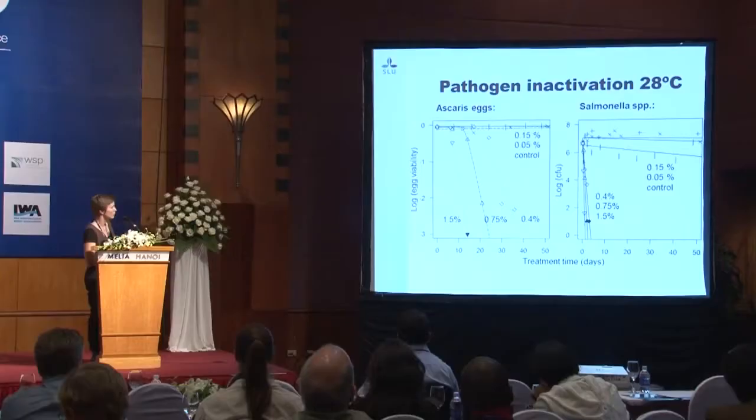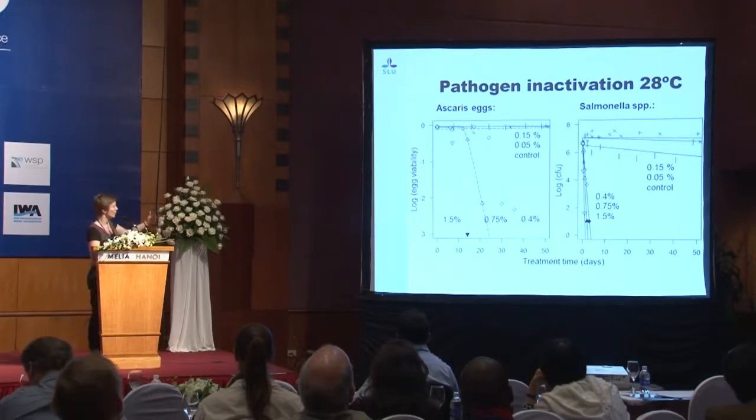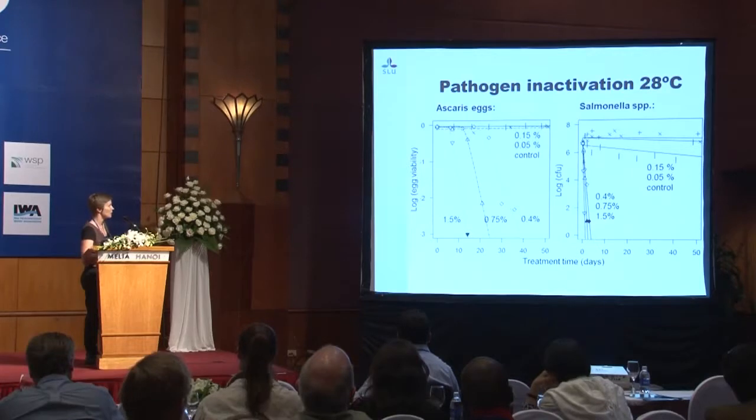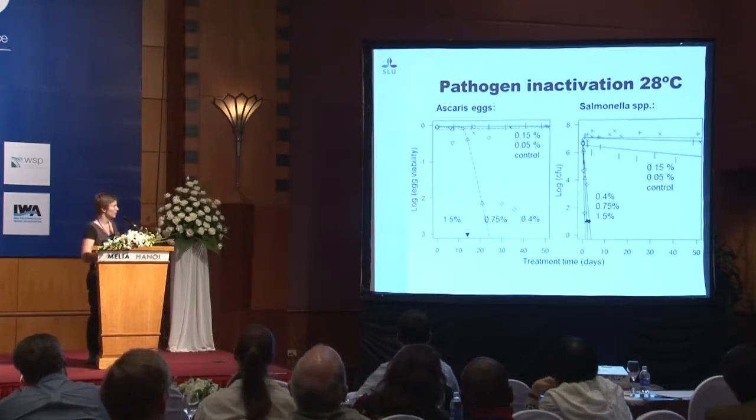So this is the sum of the results. You can see on the nearest graph the Ascaris egg viability, how it decreases, and how fast it decreases depends on the dose of urea.